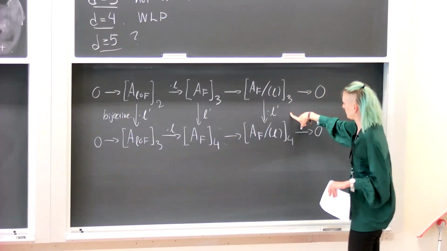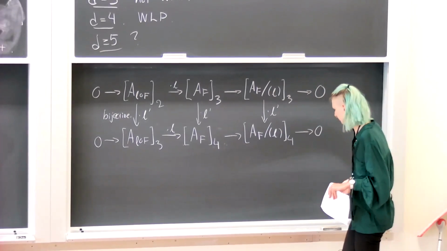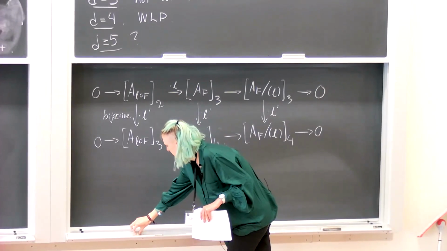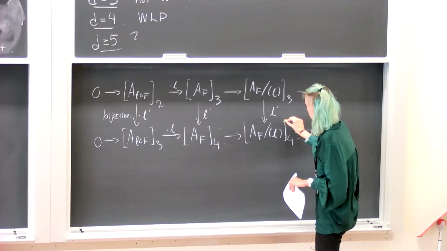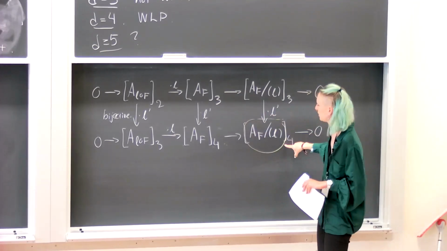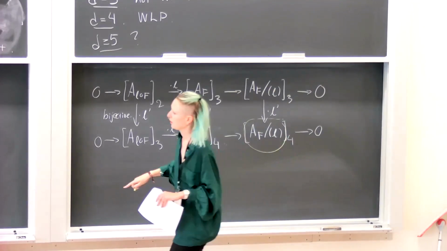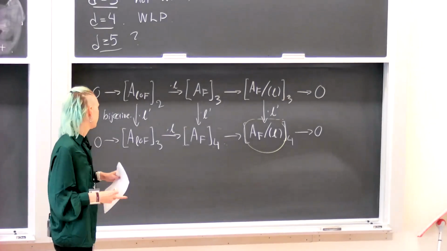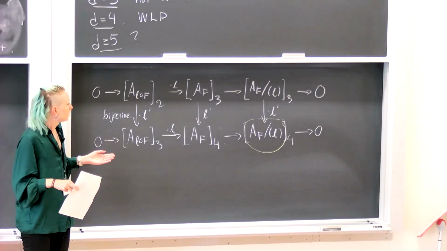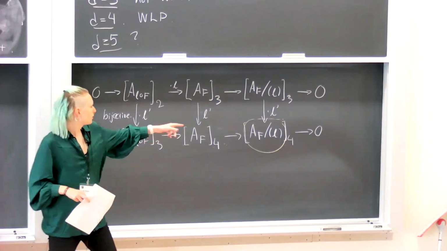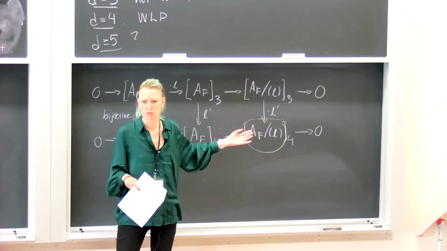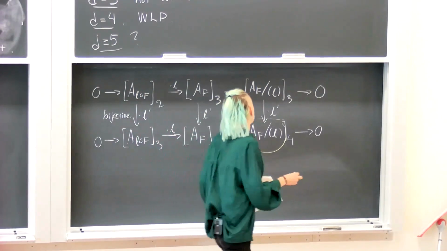Okay, here, what is this? So this space here is in degree 4, so it's one-dimensional. And then you can easily prove that this map is surjective. You just have to prove that you hit something which is not 0. So this is surjective.